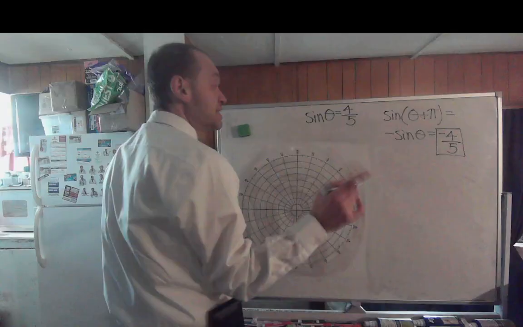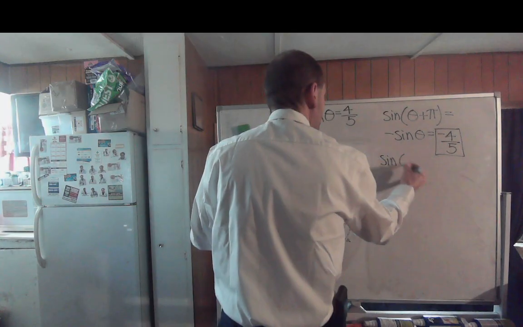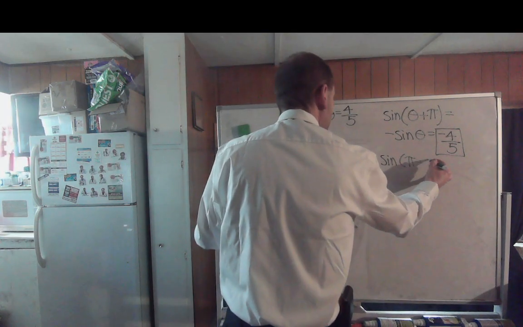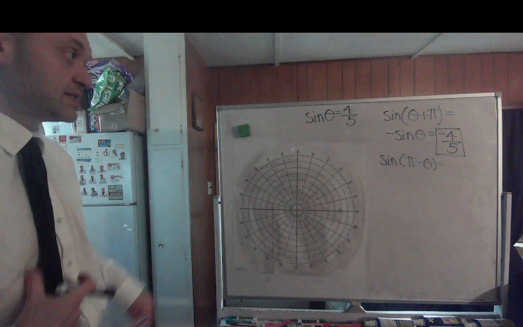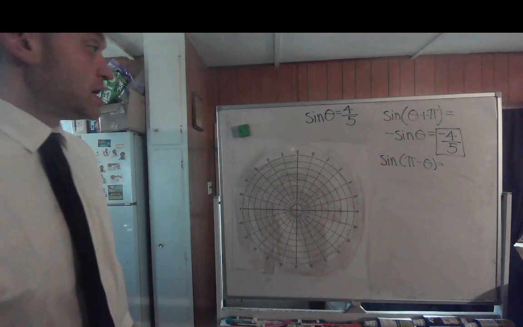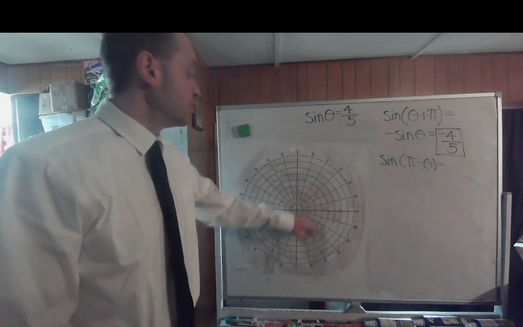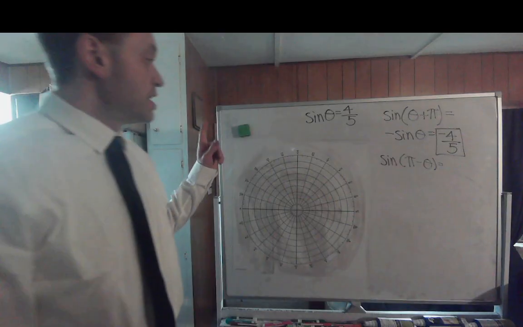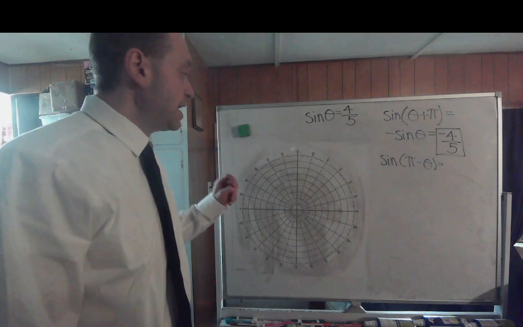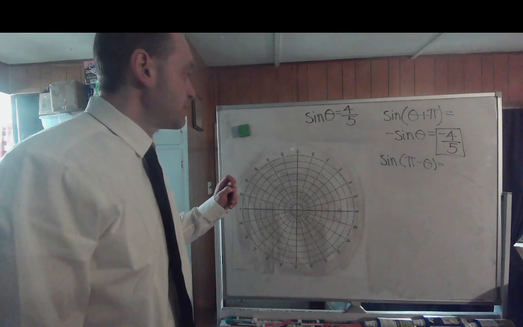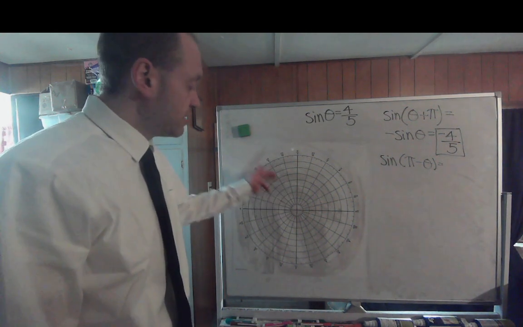Alright, now let's talk about something else. Let's talk about the sine of pi minus theta. This is an interesting concept. So we have some angle here. It doesn't really matter in this case, you have the sine of, let's say, some angle in the second quadrant.